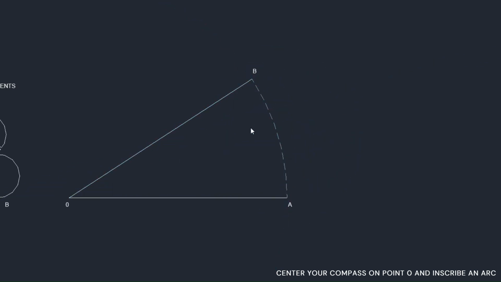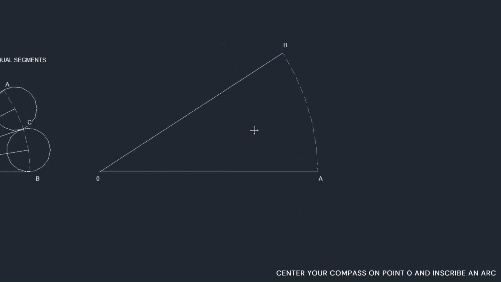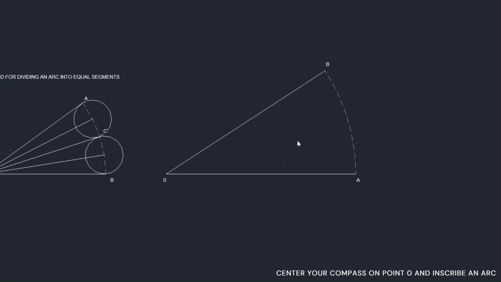So I've just described an arc there. I'll just get rid of the big circle since we don't really need that. I'm going to try and keep the drawing as clean as I can.